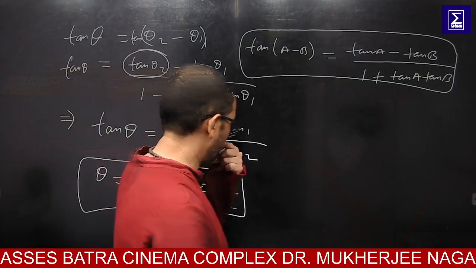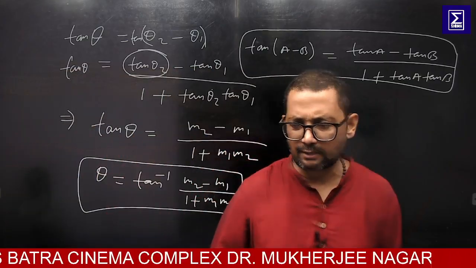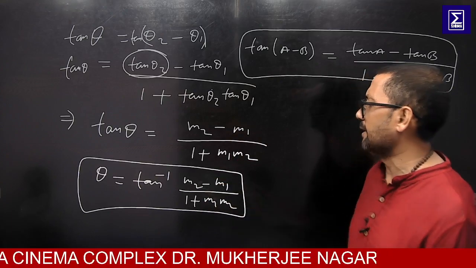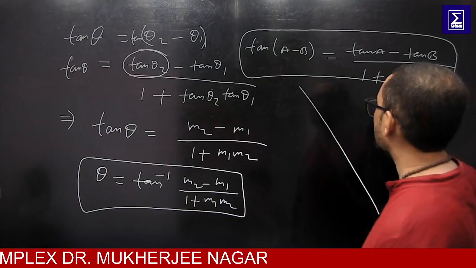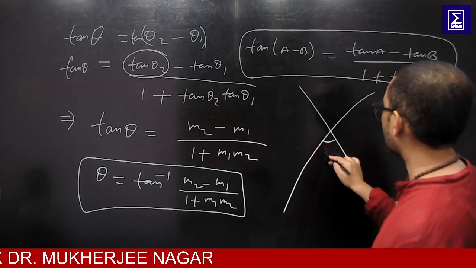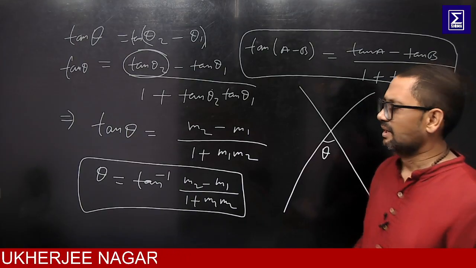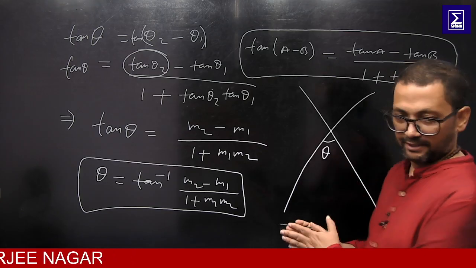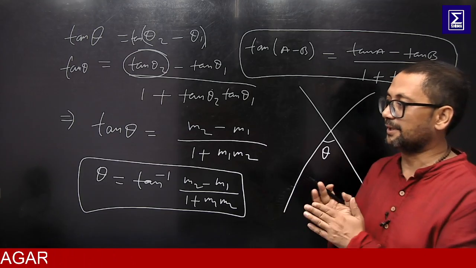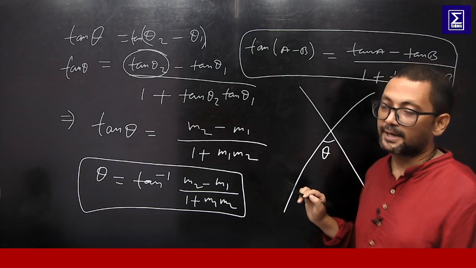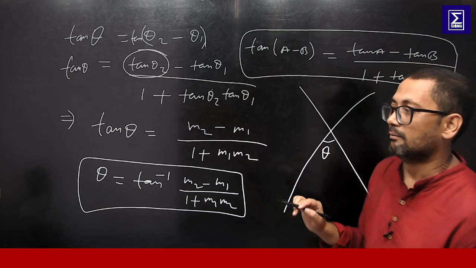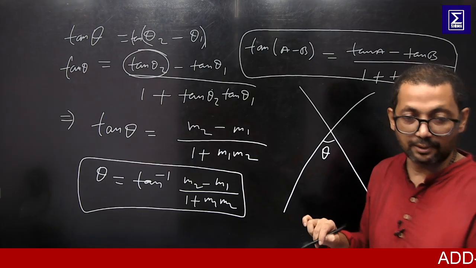Now, if these two lines are parallel or perpendicular, what will you find here? When these two lines intersect, there are two possibilities. One is the extreme, where they make an angle of 90 degrees, and the second is where there is no intersection, which is 0 degrees.